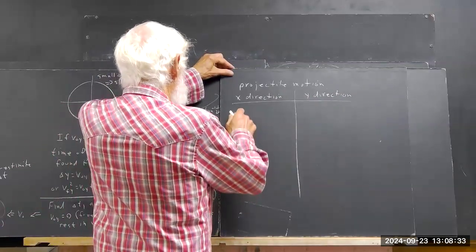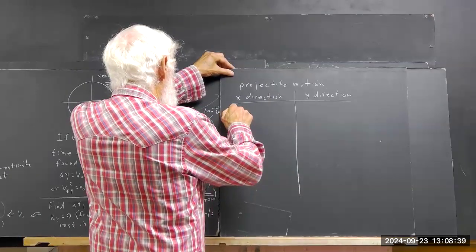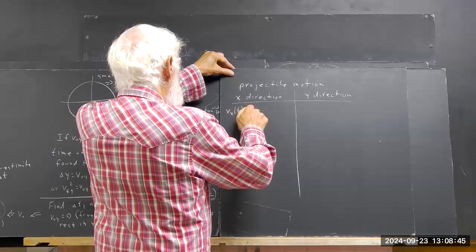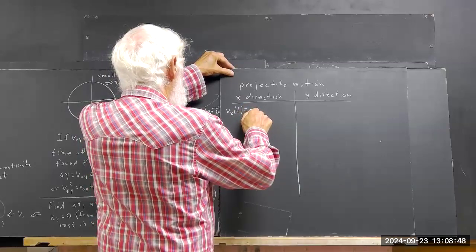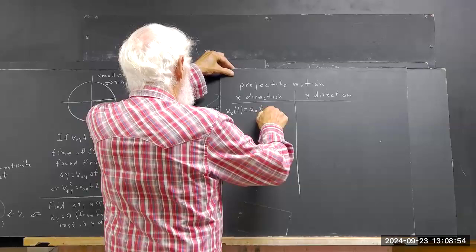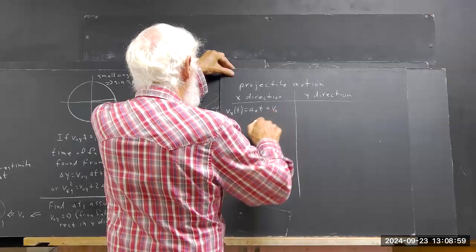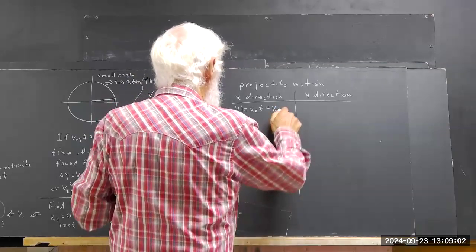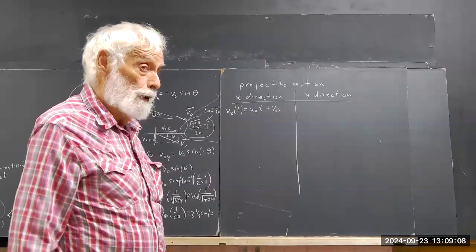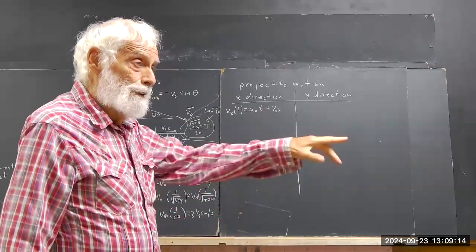So in the x direction, you can write your v(t) equals a times t plus v naught, but you put an x subscript on v naught and on v, because that's what you would observe.